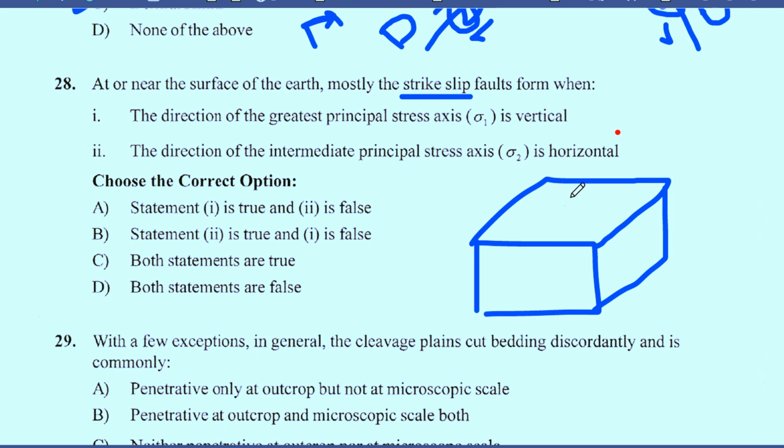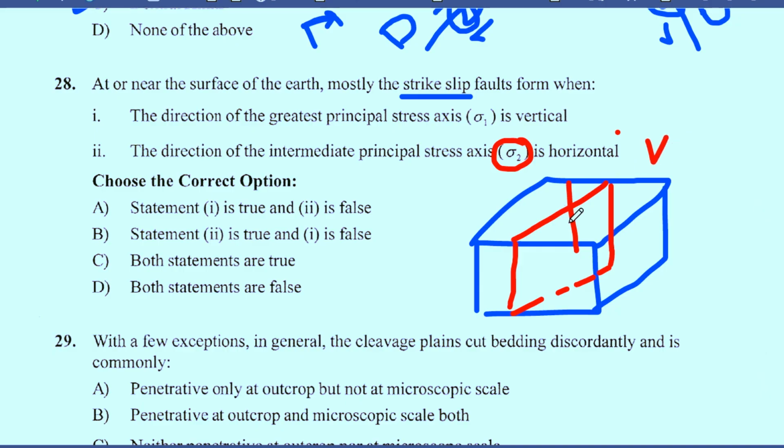Okay, strike slip faults are like this. I'm constructing one in 3D. Here always remember that sigma 2 is always vertical, not horizontal.